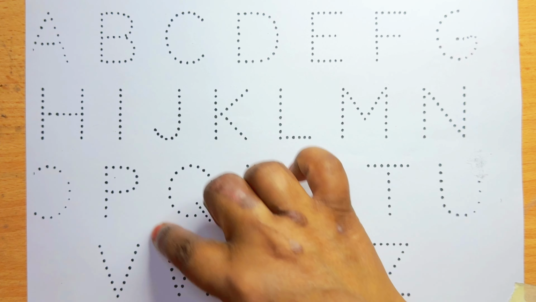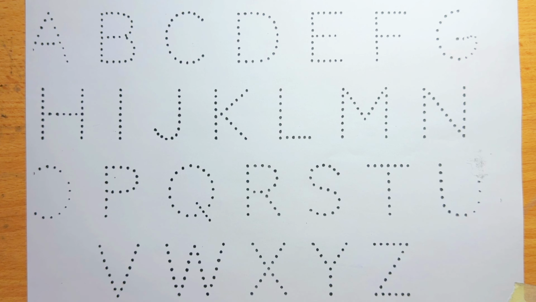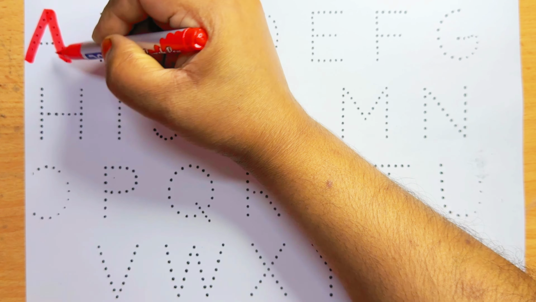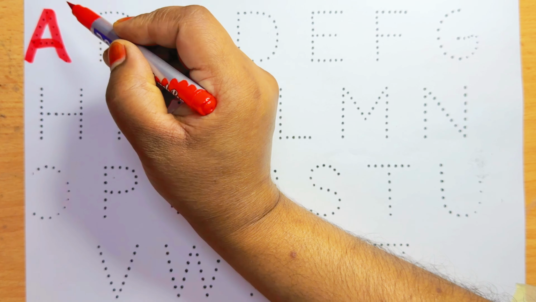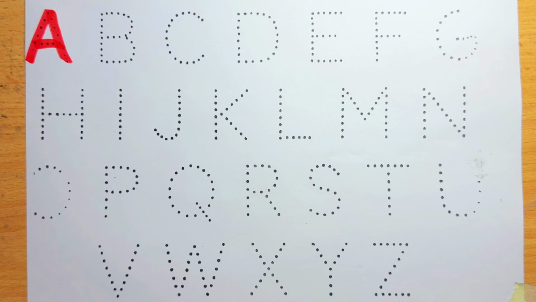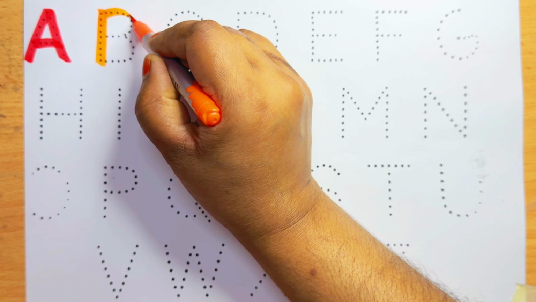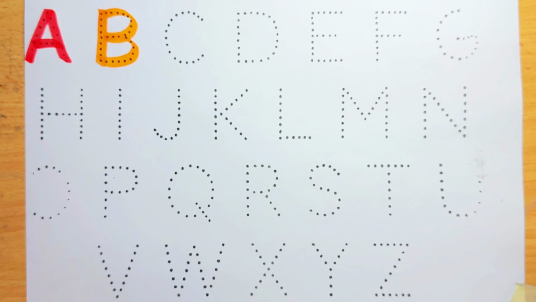Let's learn alphabets, capital letter. A for apricot. B for banana.